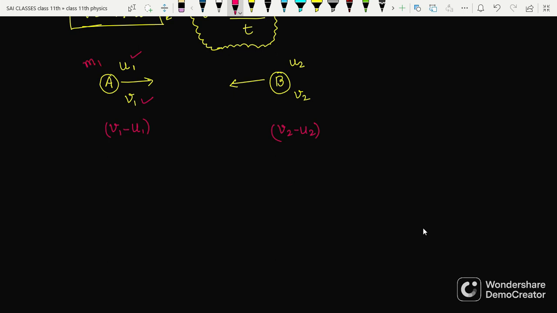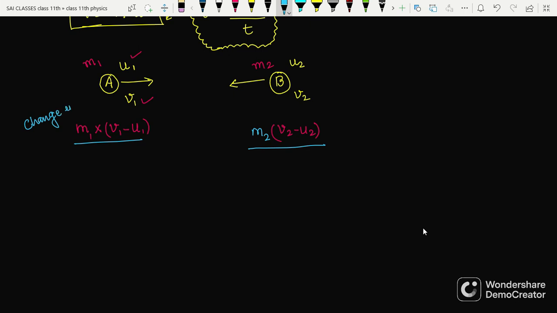Let the mass of body A be m1 and that of body B be m2. Now the change in momentum is m1 multiplied by the change in velocity of body A, and similarly m2 multiplied by the change in velocity of body B. This is the change in momentum of particle A, and this is the change in momentum of particle B.